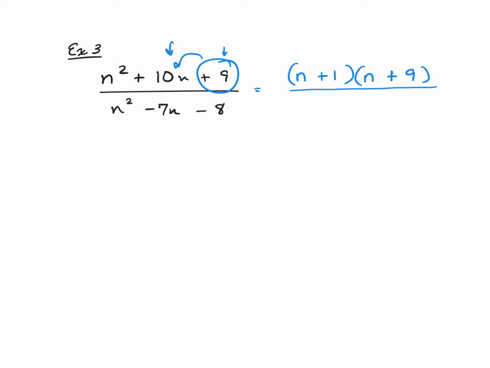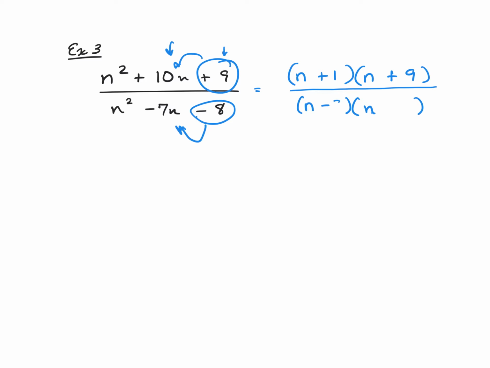And then in the bottom, I have the same thing. I have a quadratic with a leading coefficient of 1, so that breaks into n and n. Now I'm going to take a look at the factors of negative 8 that when multiplied make negative 8, but add to make negative 7. Obviously I'm doing these in my head.